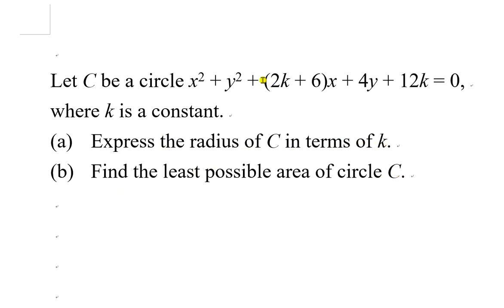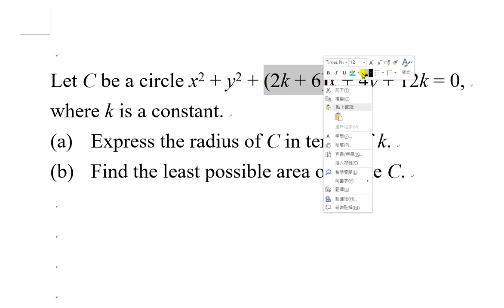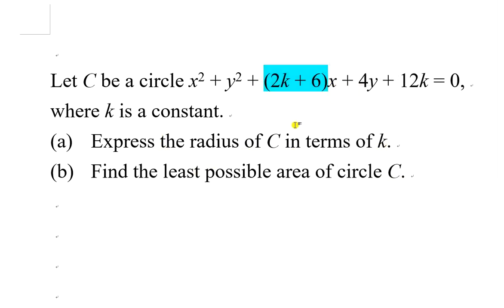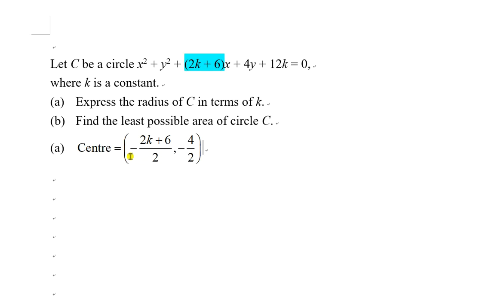As you can see, the coefficient of x is the whole thing, 2k plus 6, and the coefficient of y is positive 4. So first of all, you can find the center and then the radius of the circle. Here, the center will be negative (2k plus 6) over 2, comma, negative 4 over 2.